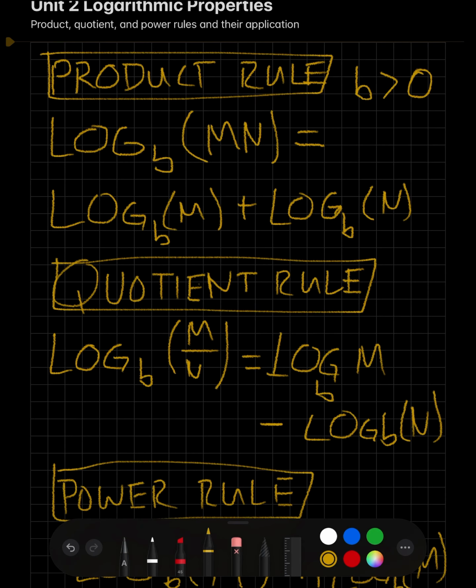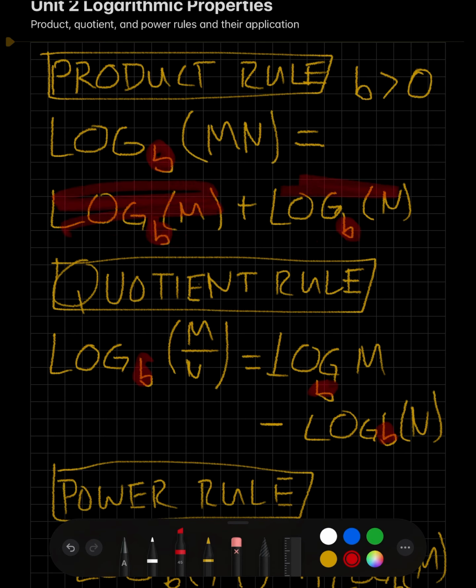And I want to point something out about all of these different rules, which is that the base stays the same. The base has to stay the same. So these rules are for expanding. We can take something with a product inside the logarithm and break it into two pieces like that.